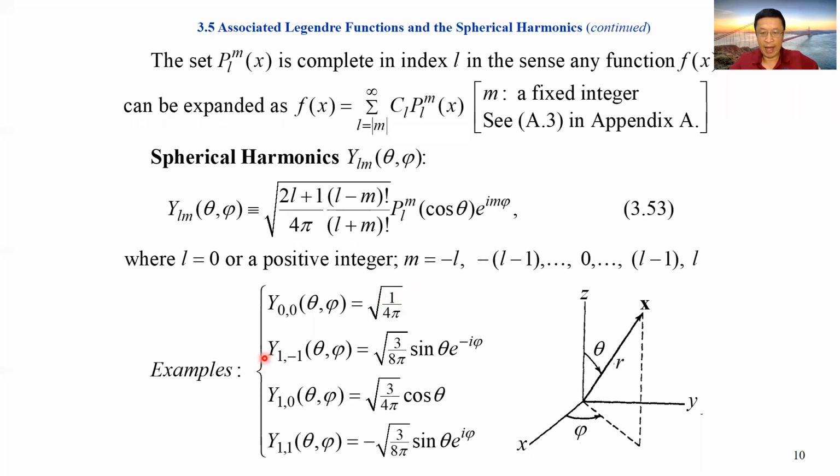Y for L equals 1, m equals minus 1, 0, and 1. Sine theta, exponential i phi, because m equals 1. Cosine theta, sine theta, exponential i phi. So it covers positive m and negative m and positive m. I should slow down because I provide a lot of information to you. So you should think about this.